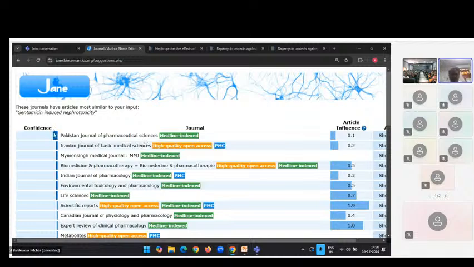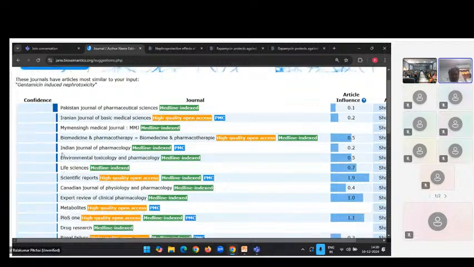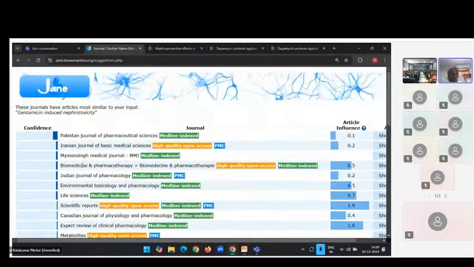See the confidence level, much more. Then Iranian Journal, then Biomedicine and Pharmacotherapy, then Indian Journal of Pharmacology, Life Sciences. So you can choose among these journals where the work done by me can be published or not. Such information is available only through JANE.